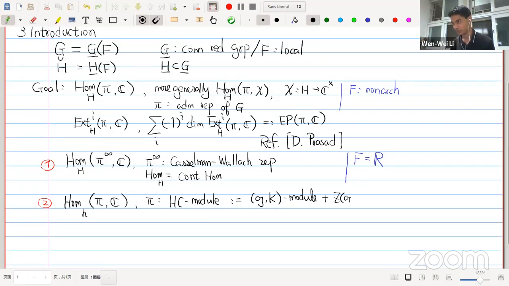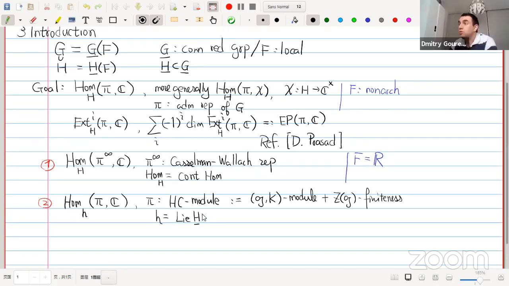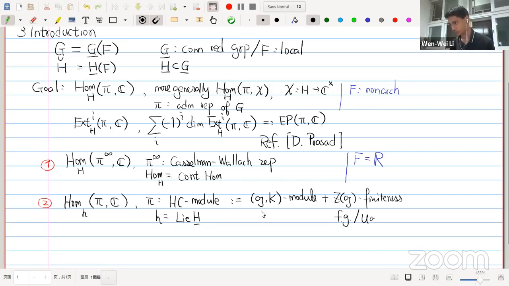Here Z(g) means the center of the enveloping algebra, of course. And the Hom is just the usual algebraic Hom, over U(g), the universal enveloping algebra. Do you also assume pi to be finitely generated? Yes, you are right. Thank you.